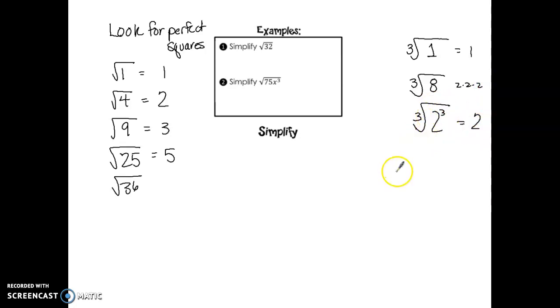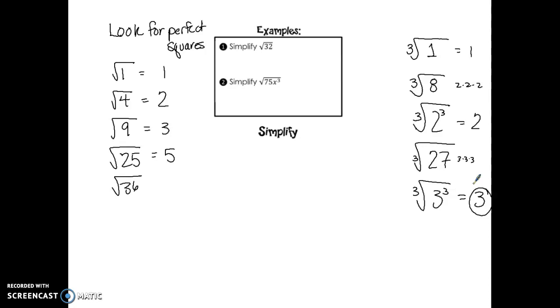Look at those things canceling each other out, right? The cube root of 27, think about this one. 3 times 3 times 3 are the factors, 9 times 3, so 3 cubed is 27, and the cube root of that is 3. Okay, so you got to look for these perfect squares when you're looking at radicals.